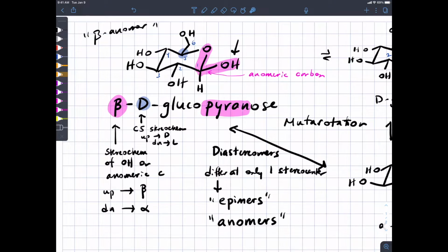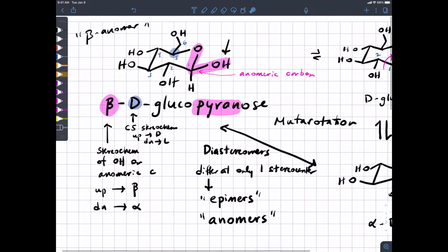And most sugars in biology are D sugars, in the same way that most amino acids in biology are L amino acids. Okay. The gluco portion refers to stereochemistry at 2, 3, and 4.